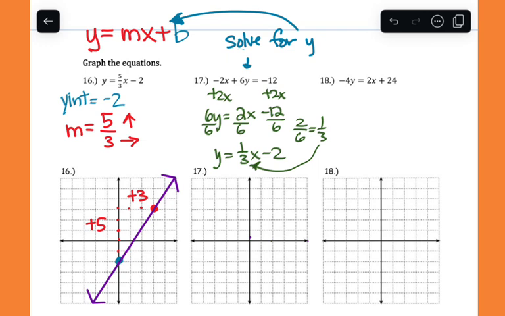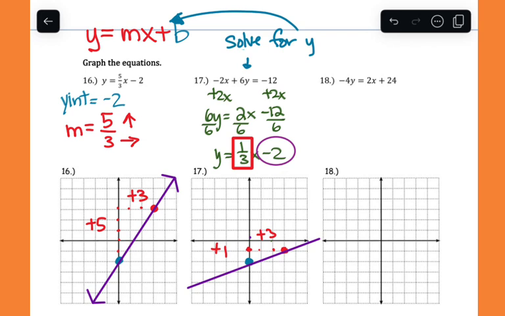I reduce that fraction, making it a little more simple to graph. My y-intercept is negative 2. I start there. I rise 1, and I run 3, and I draw my line. And you can see it would have hit that point of 6, right? That I really wanted to put on there, but the graph was just not the right size.